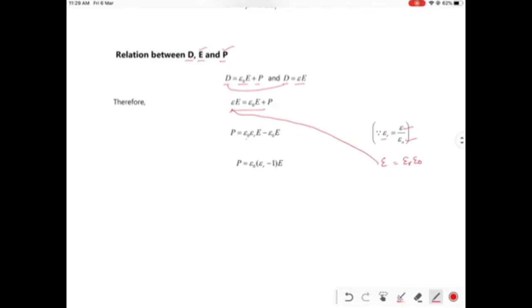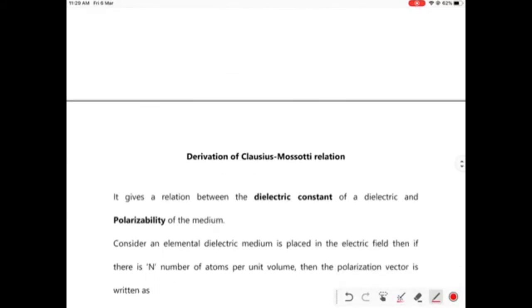On simplification, we finally get the relation between D, E and P, that is epsilon naught into epsilon R minus 1 into E.